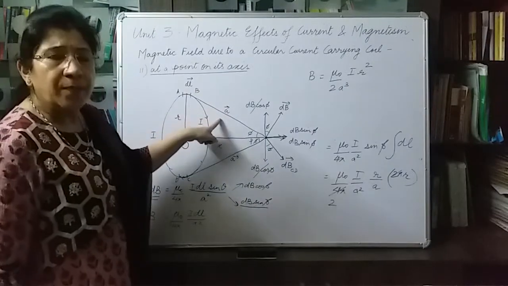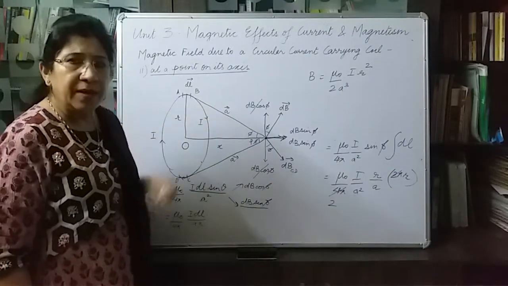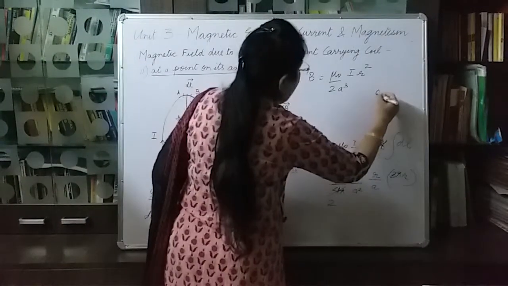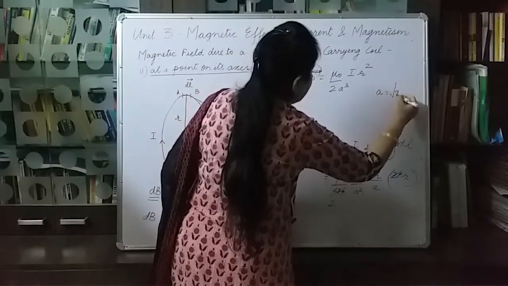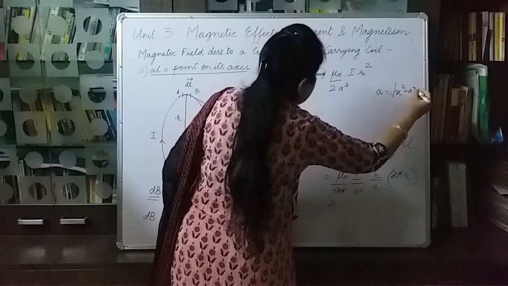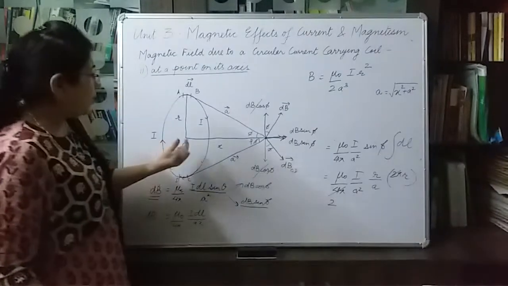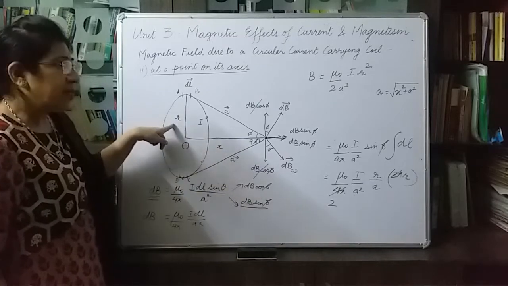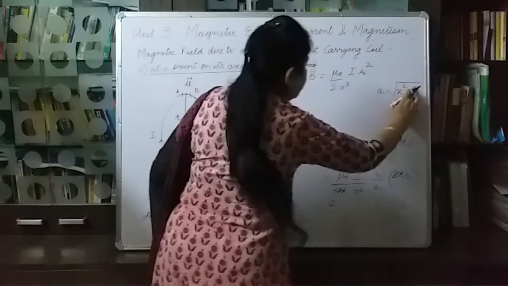A cube we can find from here. A is the hypotenuse. So from the triangle, a is equal to under root of x square plus r square.